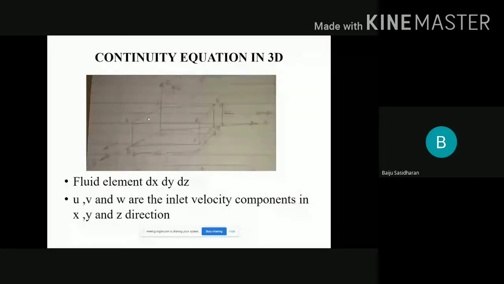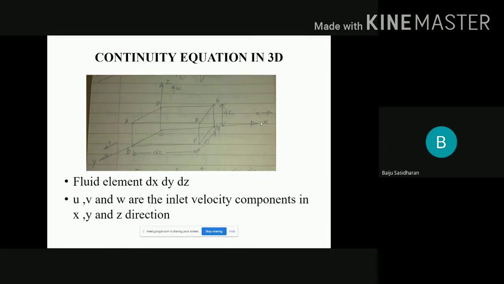And the coordinates are x, then here it is y, and here it is z. And this box represents the fluid element. So along this x direction, fluid comes from this direction and leaves along this direction.